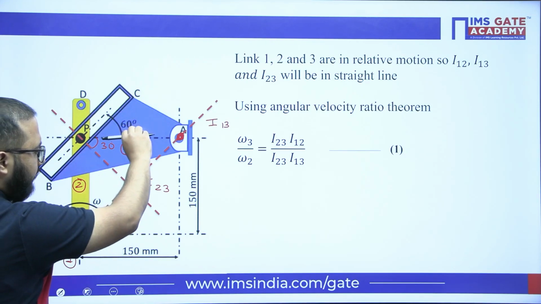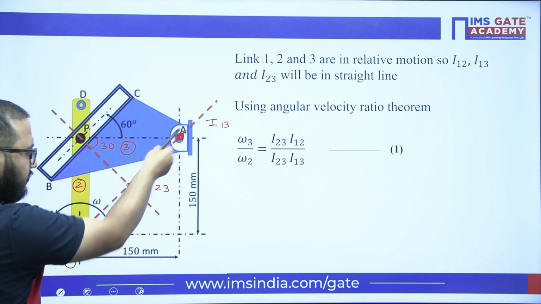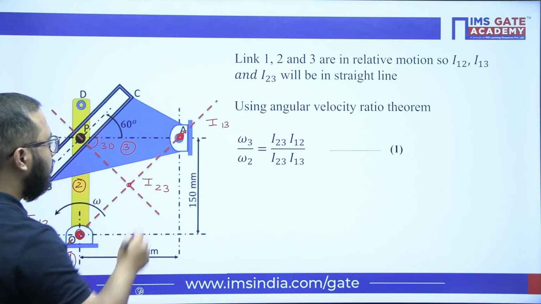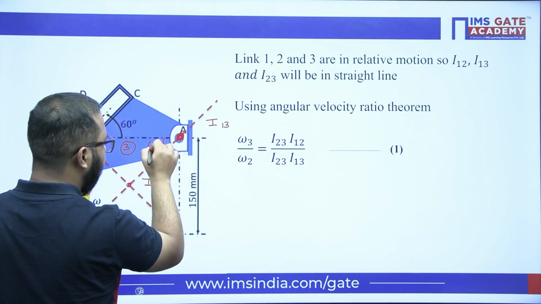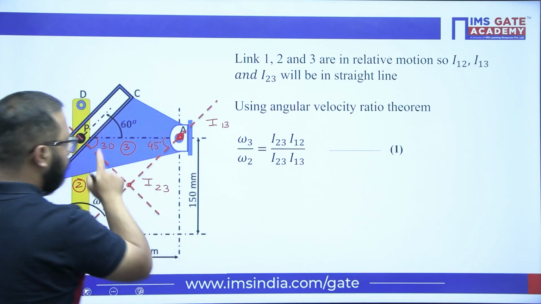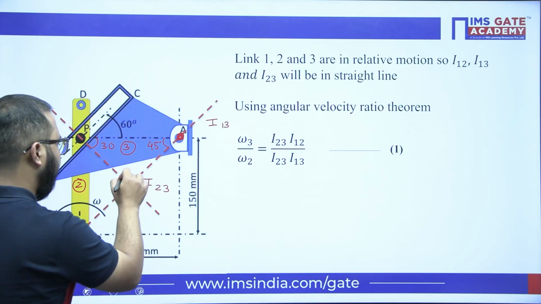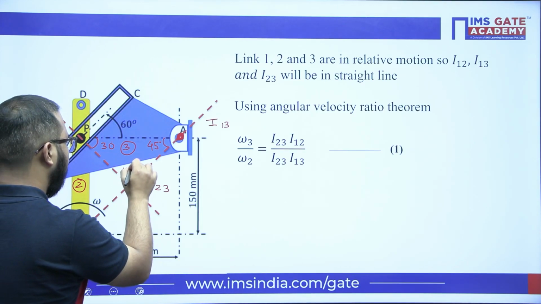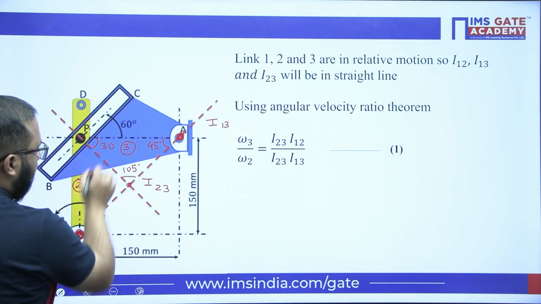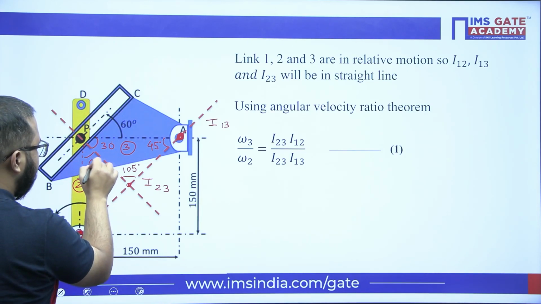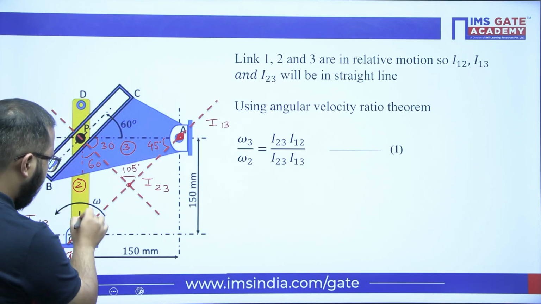Now this is 150, this is also 150, and this one line I have drawn, so an isosceles triangle will be there. This will be 45. So 30 plus 45 is 75, and the remaining angle will be 105. Now this is 30 degrees, this angle will be 60 degrees, and this angle we have already defined.